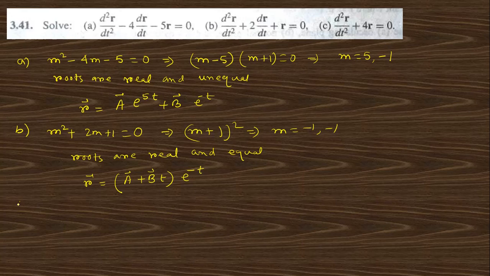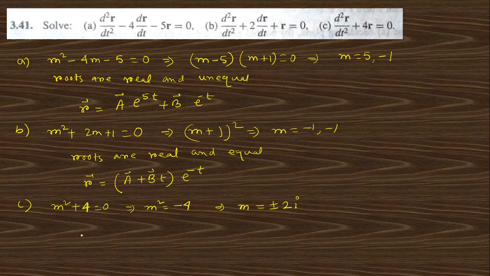Then number 3, d2r, the auxiliary equation will be m square plus 4 equals 0, that is m square equals minus 4, that is m equals plus minus 2i.